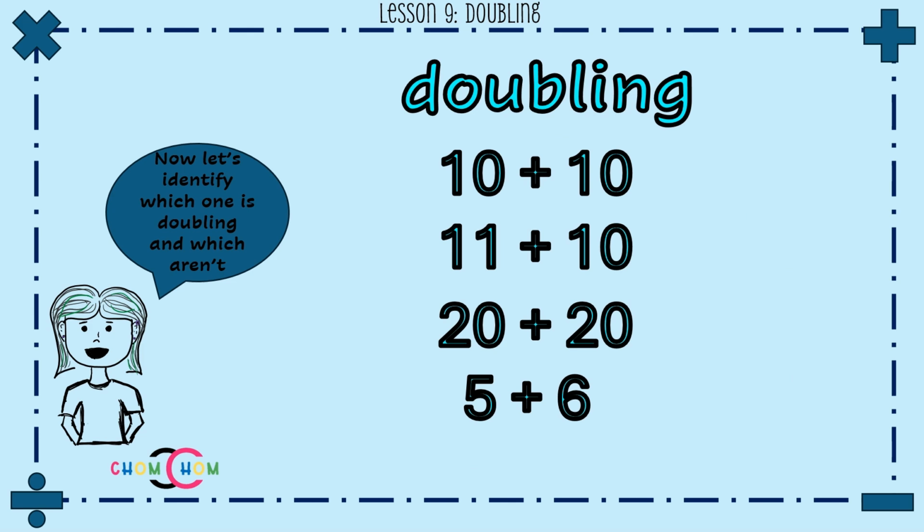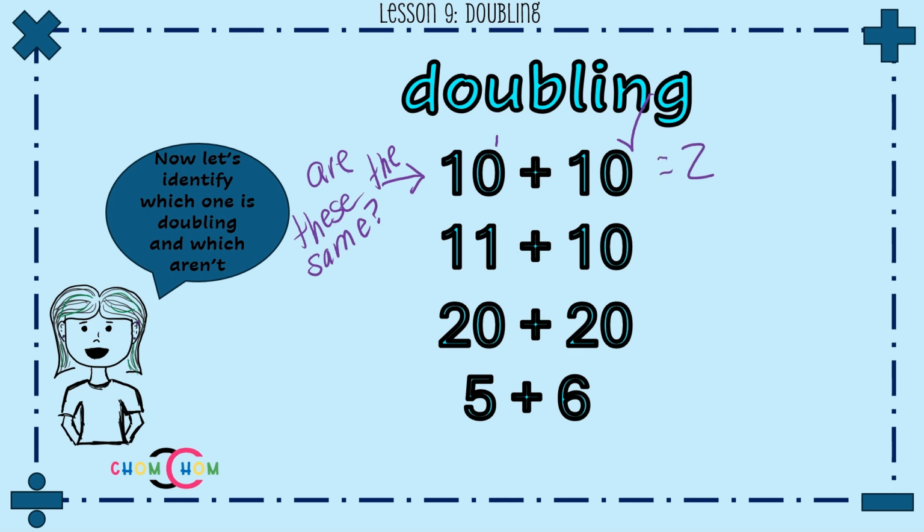Now let's identify which ones of these are doubling and which ones aren't. We're going to solve the ones that are doubling. Is 10 plus 10 doubling? Remember, are these the same? Yes, 10 plus 10 is doubling because we're adding the same thing twice.